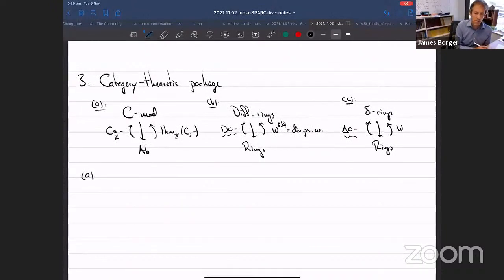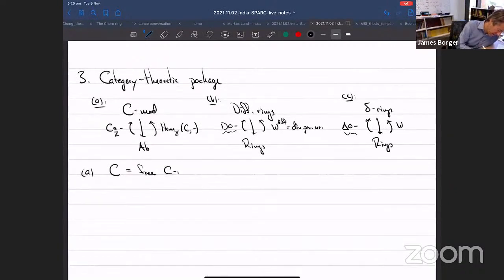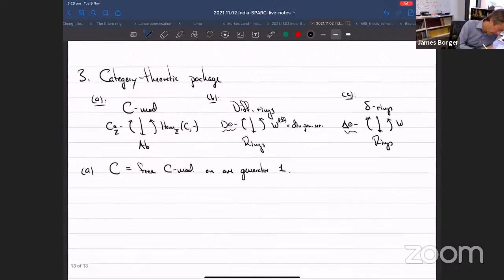Okay, so A. Of course, we know what C is, but if we didn't, another way to think about it is the free C module on one generator, which one typically just calls one, the multiplicative identity of the ring. Another way to think about it is the set of natural one-ary operations on C modules.